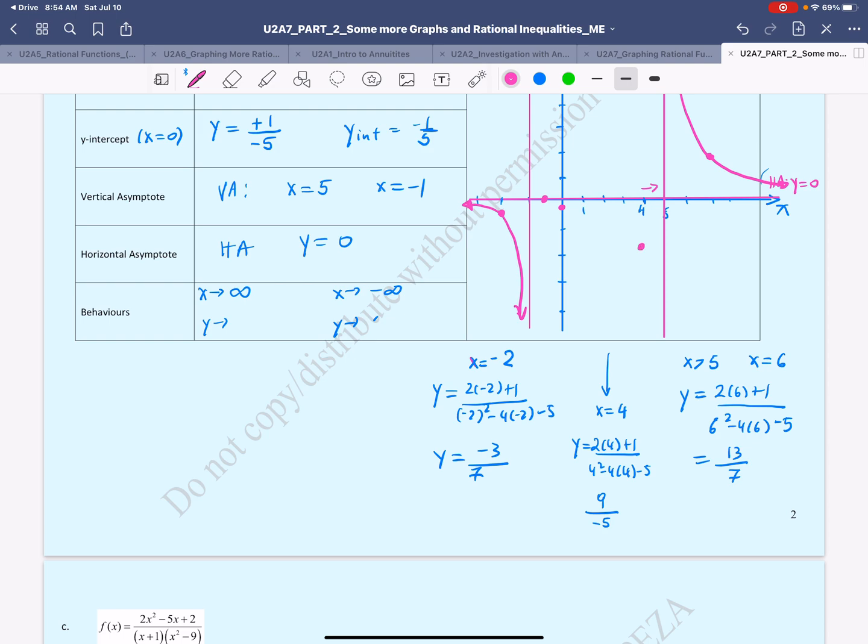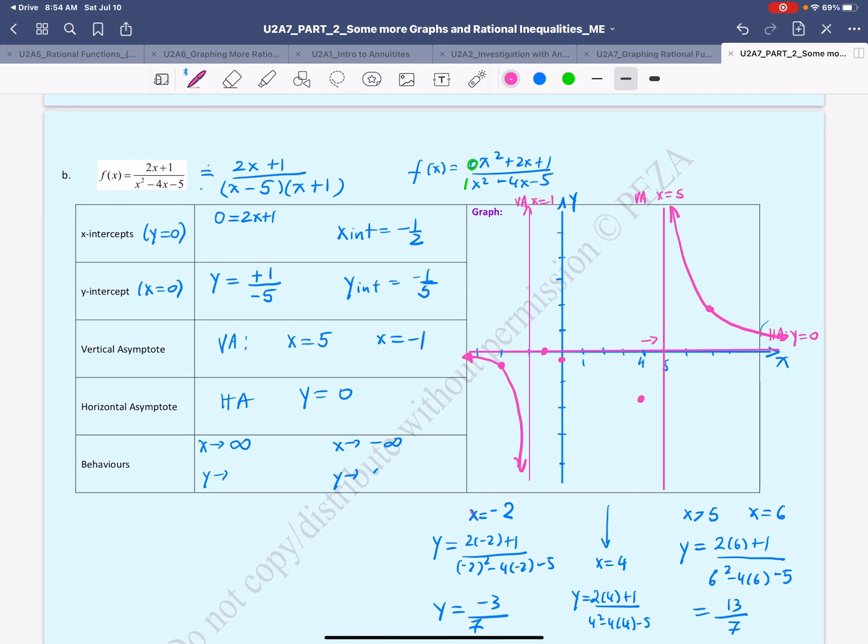So now I know where the graph will be located, and it has to follow the asymptotes. This time I don't have to check close to the other vertical asymptote because I already have points close enough to it. So I will draw the curve in such a way that the graph is approaching the vertical asymptotes, and this is the graph.